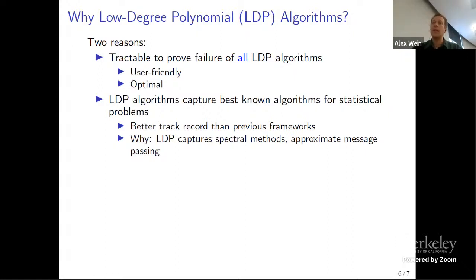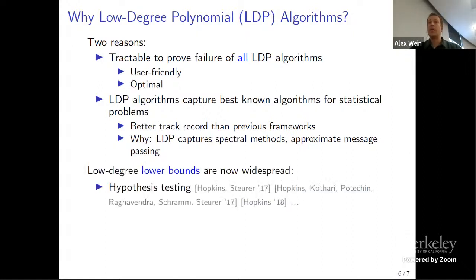And somehow why this happens is because low-degree polynomials do capture a bunch of concrete classes of known powerful algorithms like spectral methods, approximate message passing, things that typically yield the optimal algorithms for things. So if we can rule out low-degree polynomials, we can also rule out a bunch of these concrete approaches.